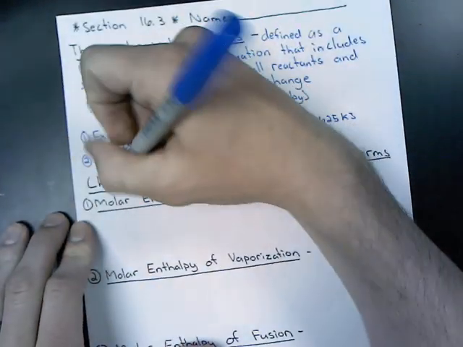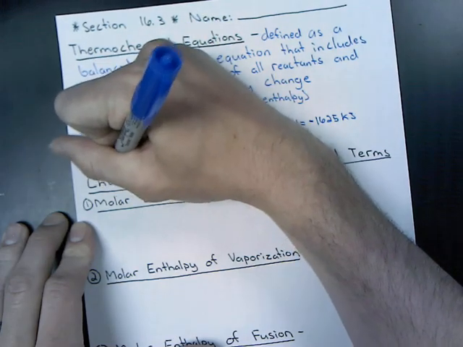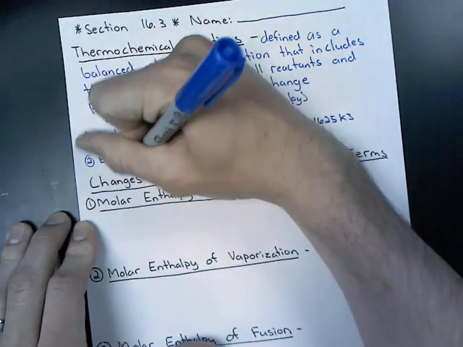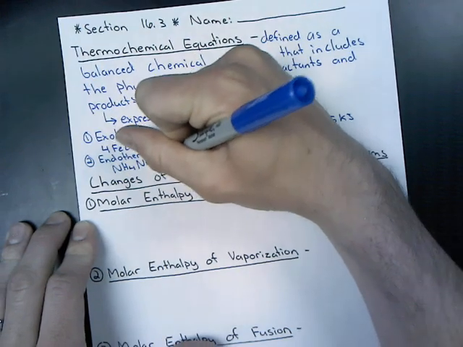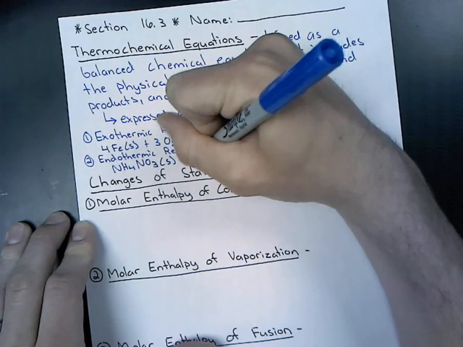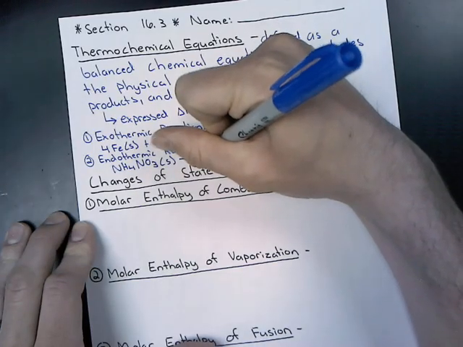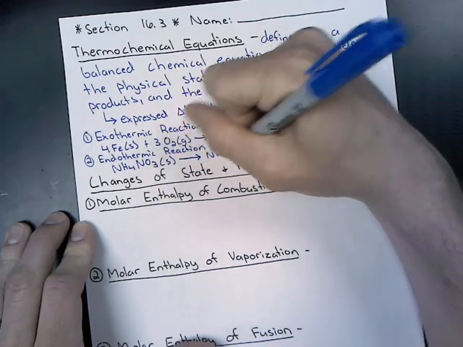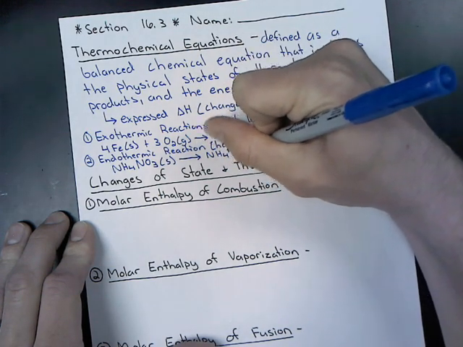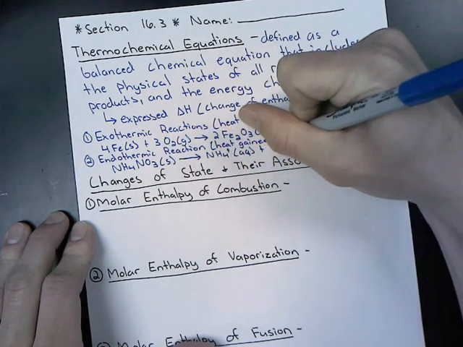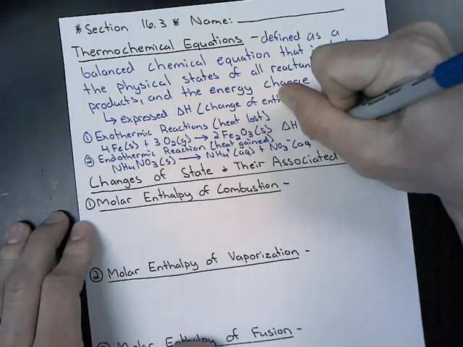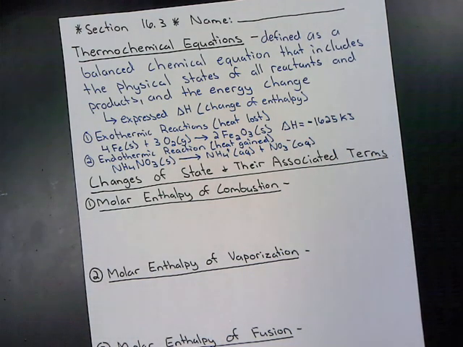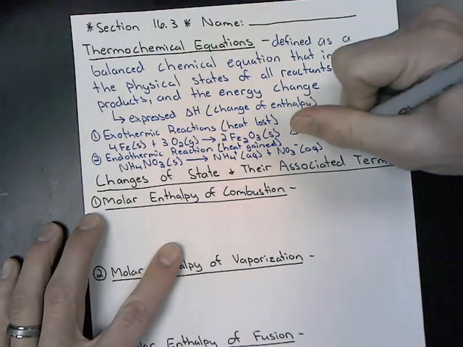So an example of this is ammonium nitrate, NH4NO3, that is dissolved in water and breaks down to ammonium ions and nitrate ions. Now, if I've ever made this solution in class right before class, you feel that the beaker feels cold.